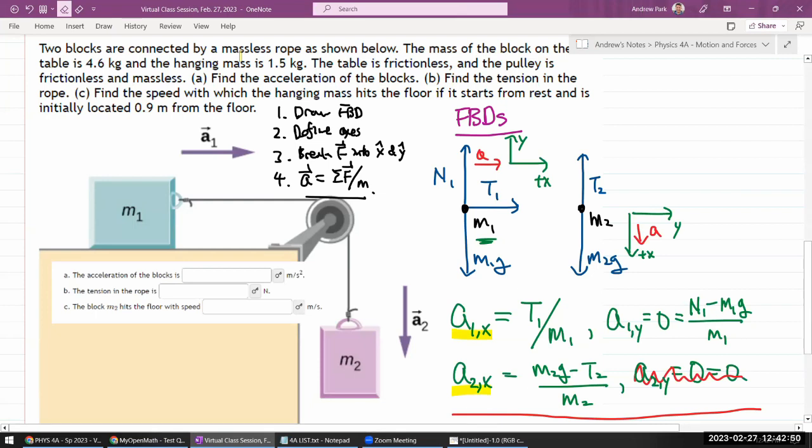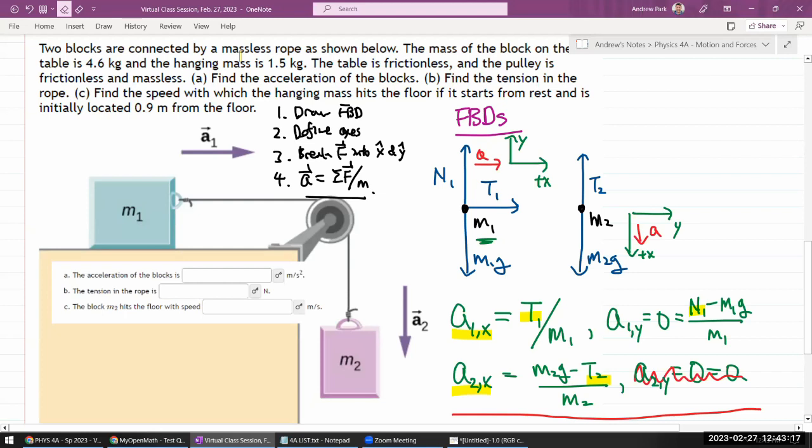And it's going to be asking for tension. I don't know T1. I don't know T2. Four unknowns. And looking at the rest of my equations, I also don't know N1. So five unknowns and three equations, which isn't enough.